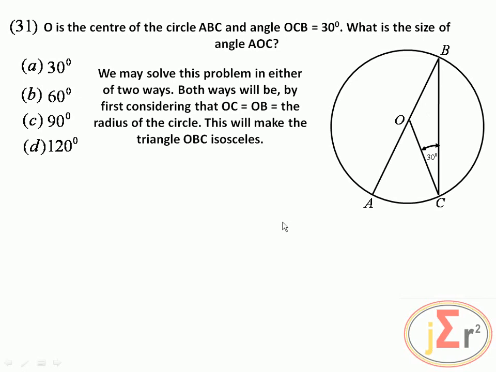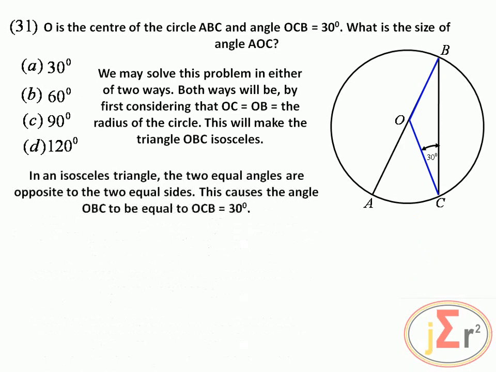This will make the triangle OBC isosceles, with these two sides being radii of the circle. So there we have the 2 equal sides.